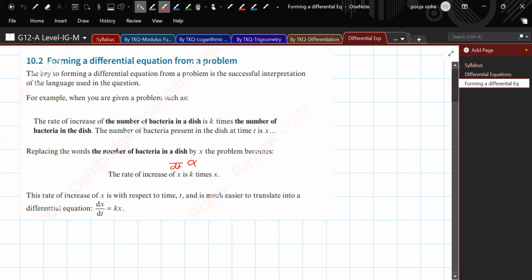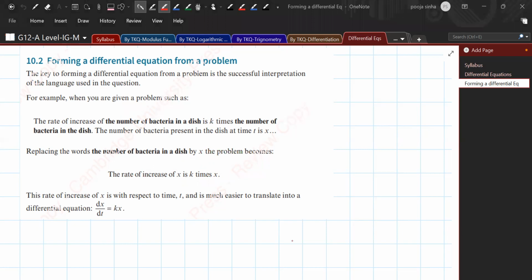Here it is not given as proportional, so we'll just straight away write dx by dt is equal to k times x. Am I right? So now it is all about how to interpret.